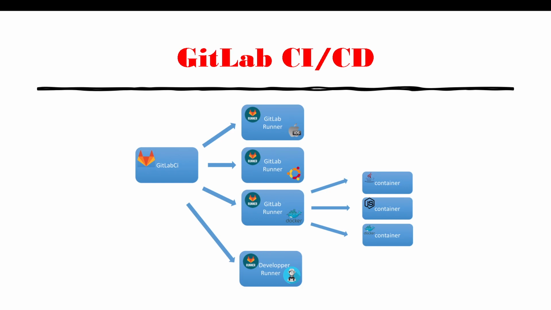Okay, so all those configurations we will see later, but for now just remember how the flow, or you can say how the process works. Like the GitLab CI communicates with the GitLab runner, and the GitLab runner is responsible to run the jobs within the pipeline, and each job runs within a container.